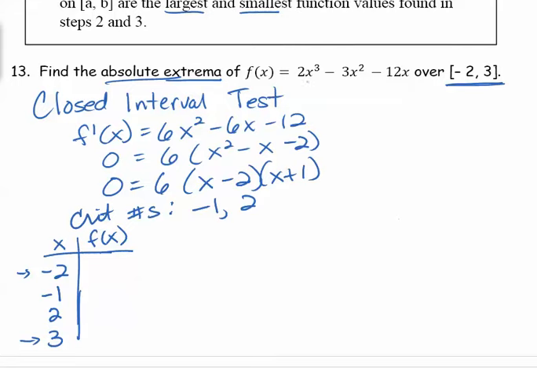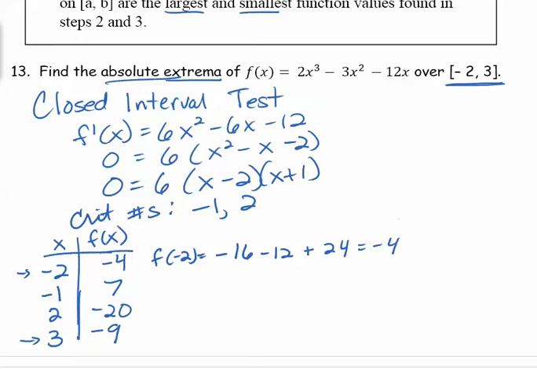So we're going to find these values in the function. And if this is not in a calculator section, then if I put -2 into the original function here, I'd have to do some arithmetic. If it's in a calculator section, then put the function into your calculator and let it find these values. So to save video time here, I know you guys could find these.